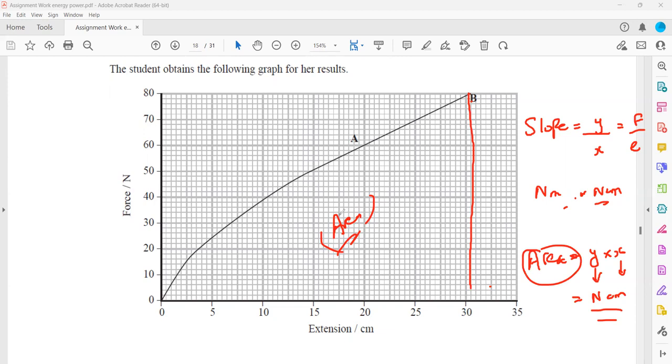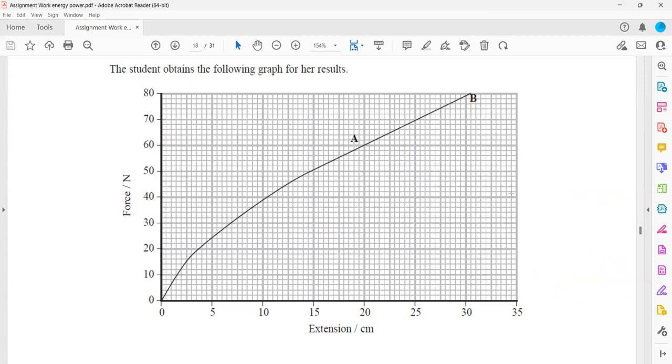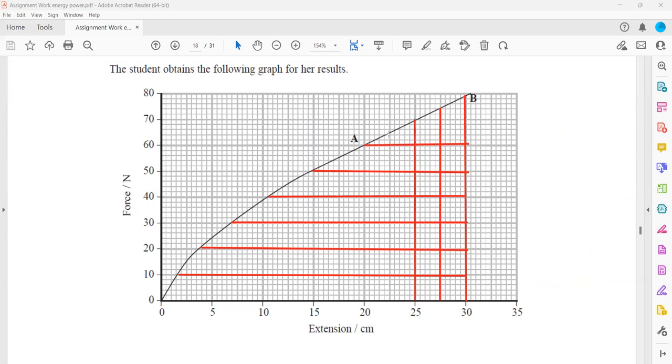So for a non-linear graph, what we usually do is first draw equal horizontal lines and equal vertical lines. And then we count the number of squares, the number of boxes.